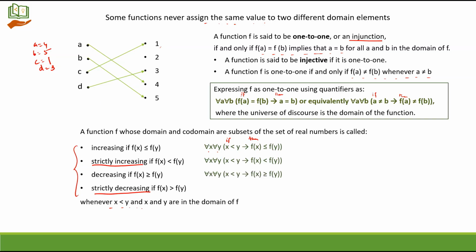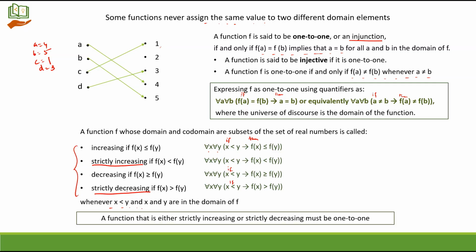What about decreasing? If x is less than y, then f(x) is greater than or equal to f(y). And if x is less than y, then f(x) is greater than f(y). A function that is either strictly increasing or strictly decreasing must be one-to-one. So both these functions will be one-to-one.